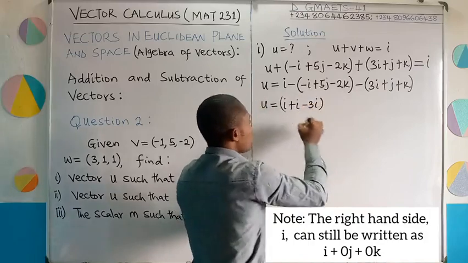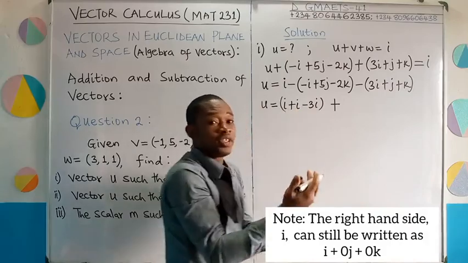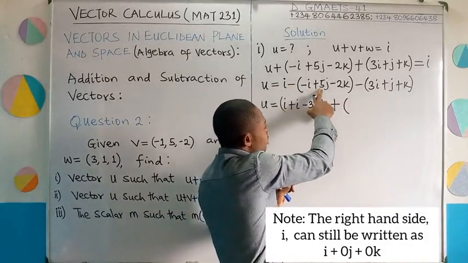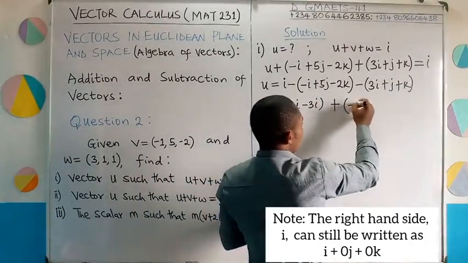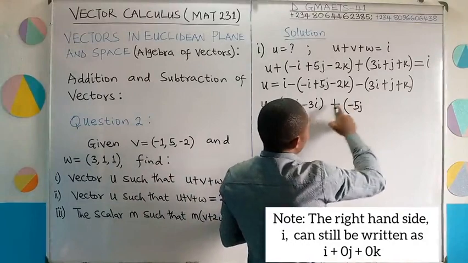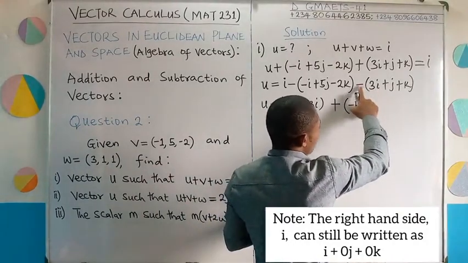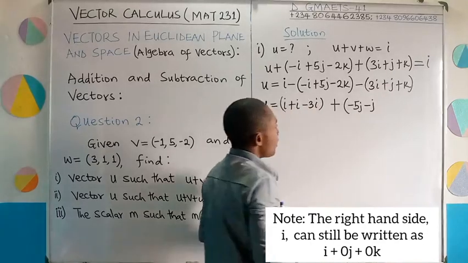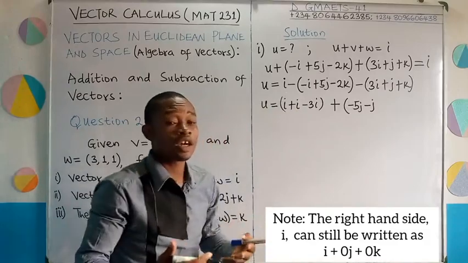So this is the first term we've got there, plus I'll now deal with the j component. This is minus times plus 5j, which of course becomes minus 5j. Then I'll come over to this and pick the j component. Okay, and so minus times this j will give us minus j. And then next, I am going to deal with the k component.